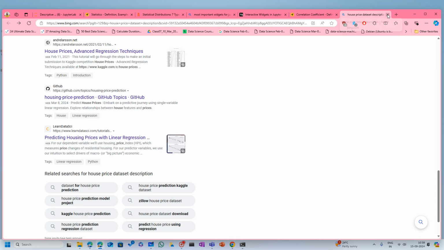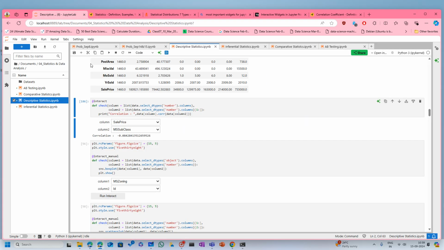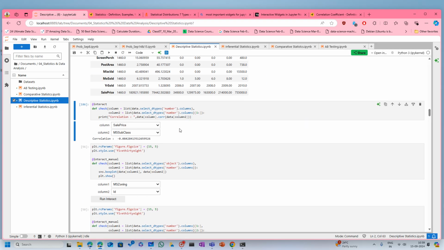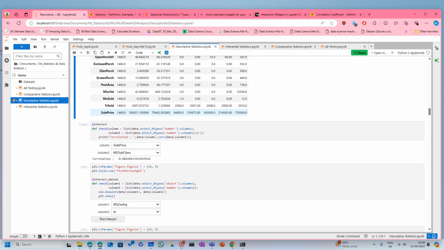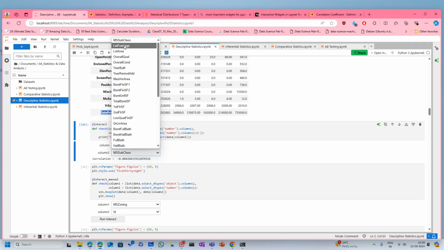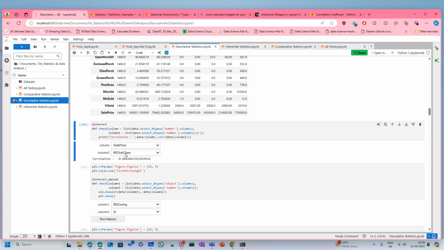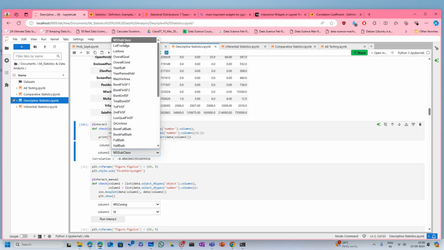But wherever they are coming from, you can see the description of each one of these. So your job is to understand how the sale price is being impacted by each and every one of the features. Correlation usually you will calculate for any two columns, not necessarily sale price. But first I will do the sale price, to check how it is impacting.